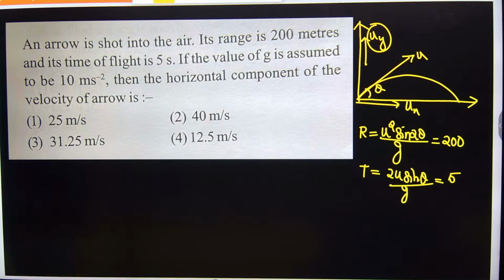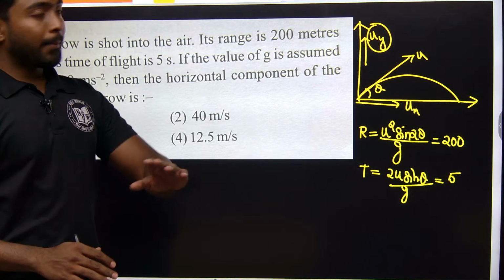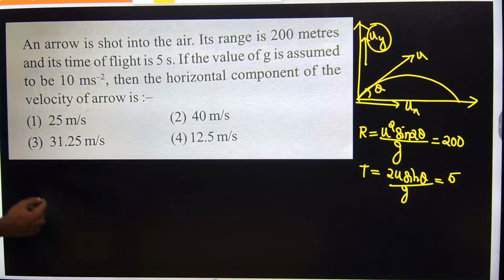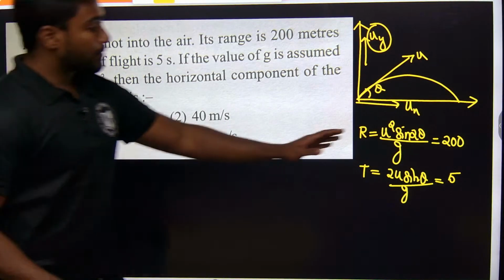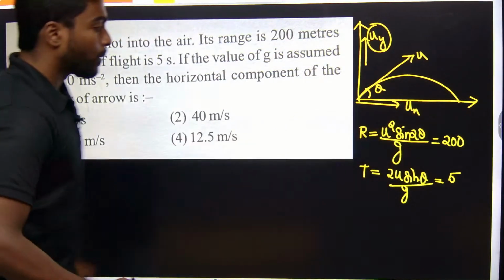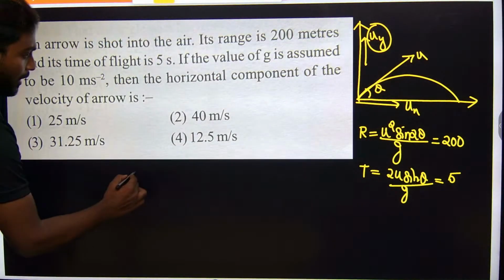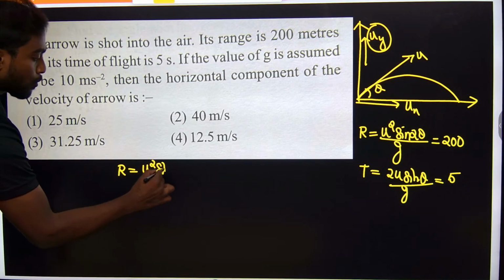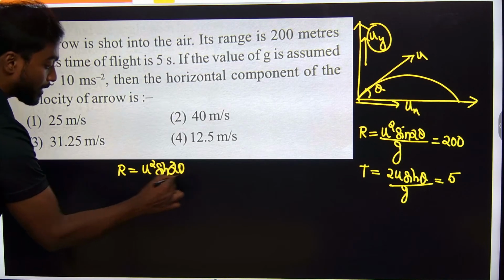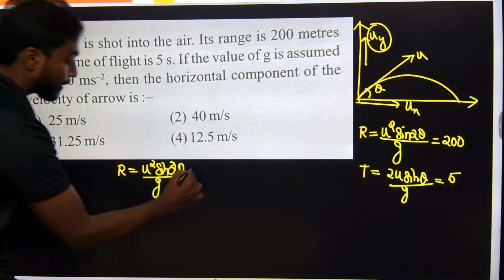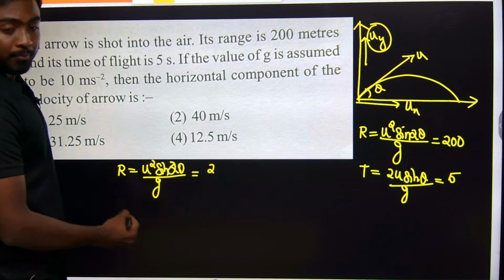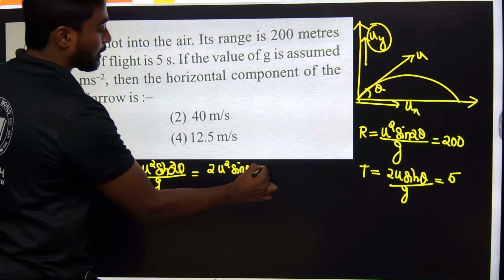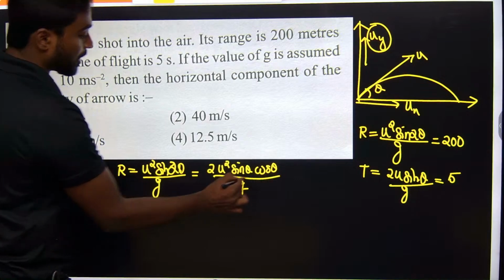Okay, you got the answers. Okay, you keep answers as it is. We'll cross verify the answers now. Okay, now let me take these two terms only. What I'll do over here is I'll write R is equals to u square sin 2 theta by g, which can be written as 2 times u square sin theta cos theta by g.